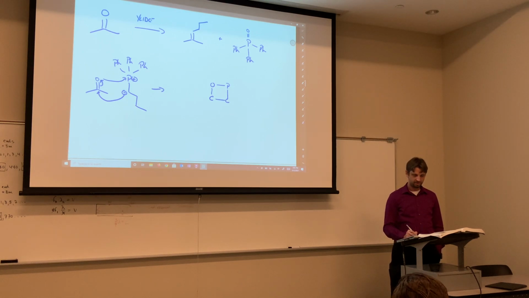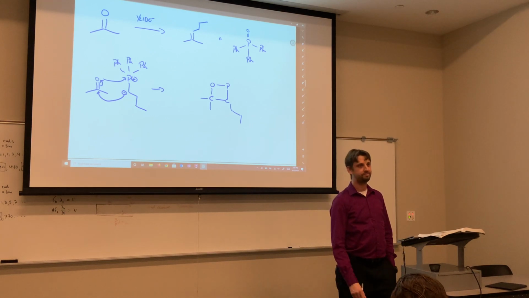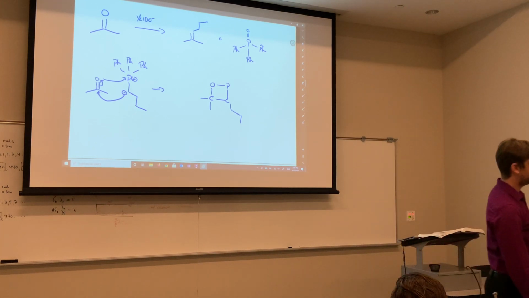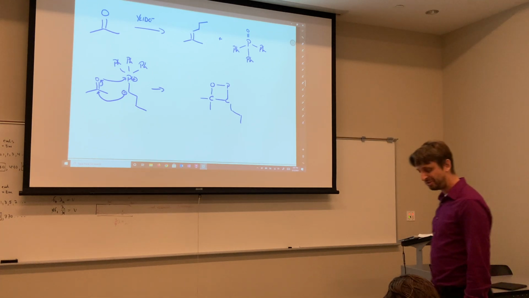You with me? We've got those two methyl groups there, and then we've got the rest of the shenanigans coming off of that carbon. Good? So I have this four-membered ring intermediate. Four-membered, I said four. Call that a square.